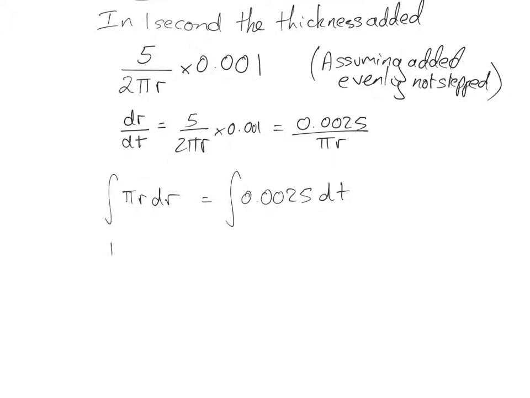So we get pi r squared over 2 equals 0.0025 t plus c. But we know a particular value.